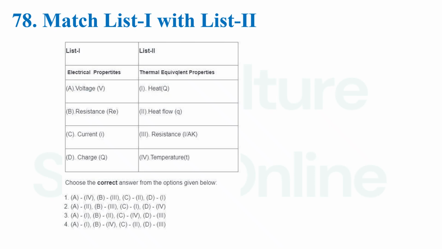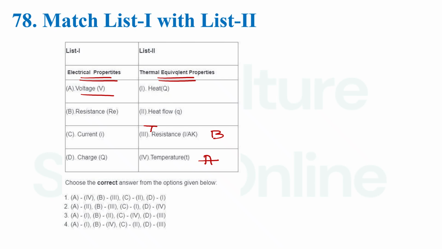Question number 78, we have to match the electrical properties with the thermal equivalent properties. So first one is voltage. Voltage is temperature. Means the voltage difference drives the current and the temperature difference drives the heat flow. Resistance is thermal resistance. Means it opposes the flow of current or the heat.